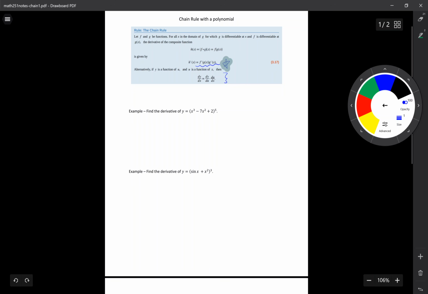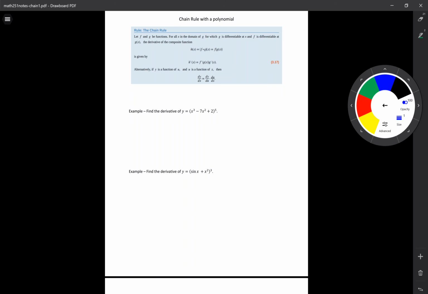So the most important thing for the chain rule is to make sure that we have correctly identified our outer function f and our inner function g. So when we're dealing with polynomials like in these two examples, our outer function will often be a power. So let's do these examples, and this will give us a little bit of practice in terms of identifying our outer function and our inner function.